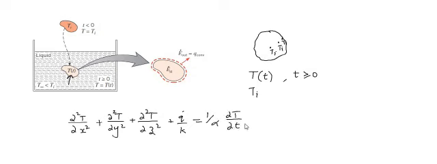I'm using the small letter t for time. In some books you can find tau also for that. All the figures that I have taken are from the textbook Fundamentals of Heat and Mass Transfer from Incropera.